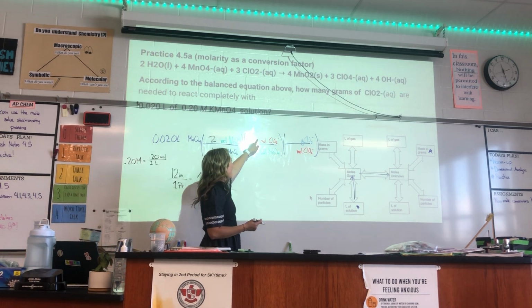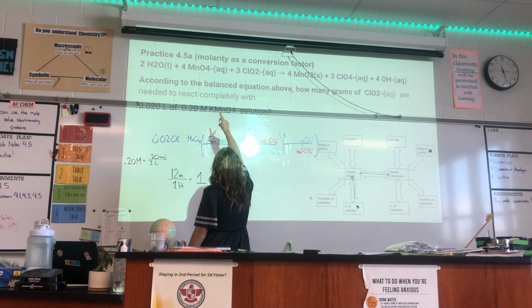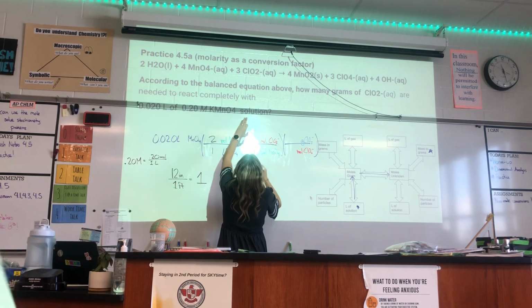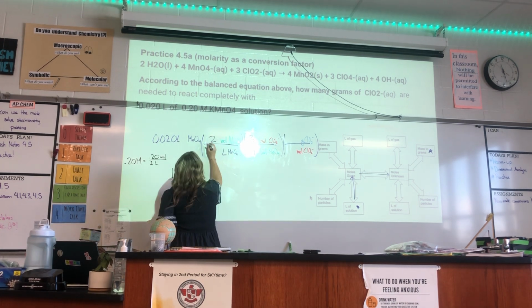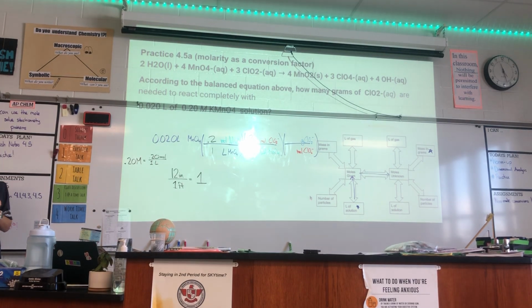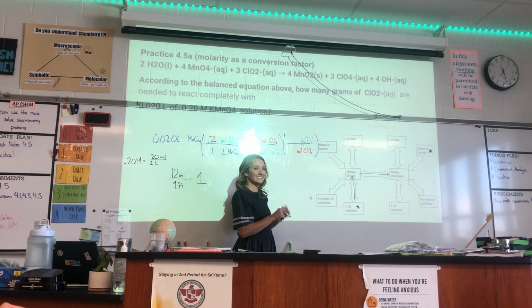The mole-to-mole relationship, where does that come from? The balanced equation. So I look up there, there's 4 of these. And then gram to mole, what connects those two things?